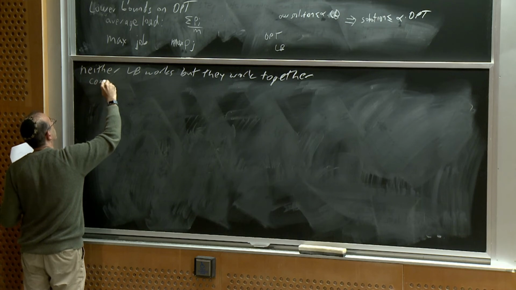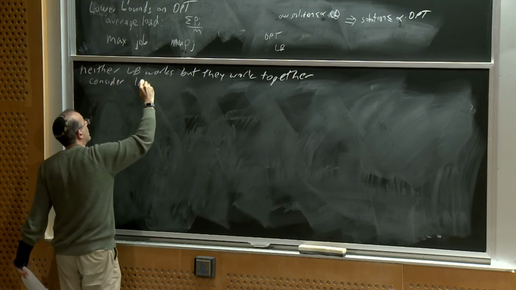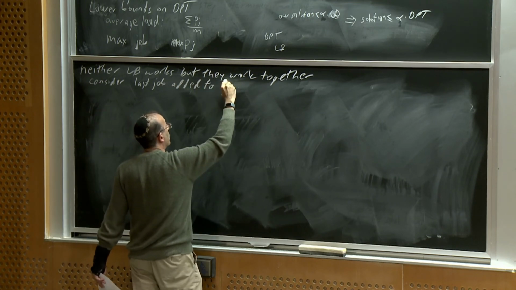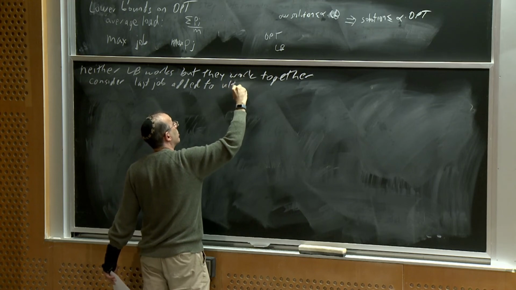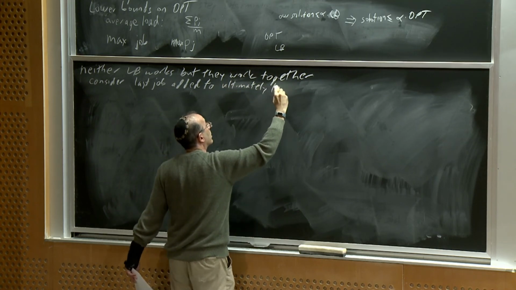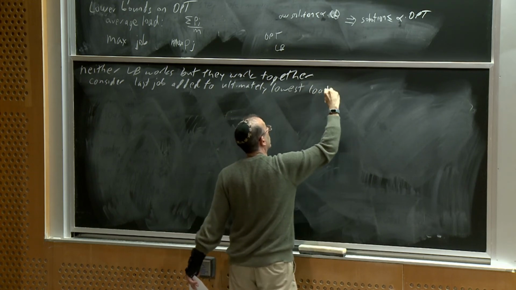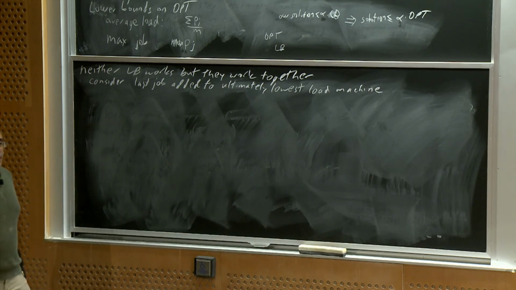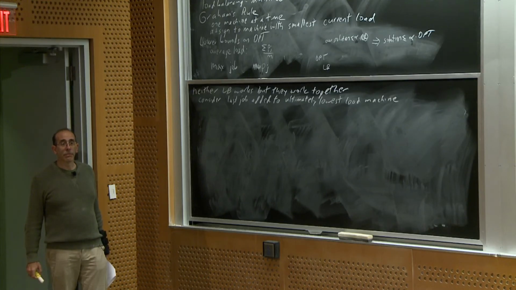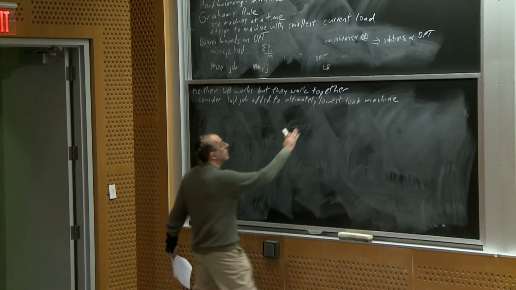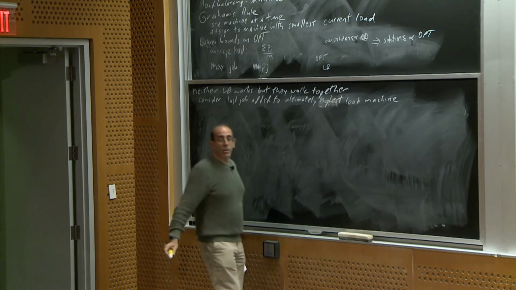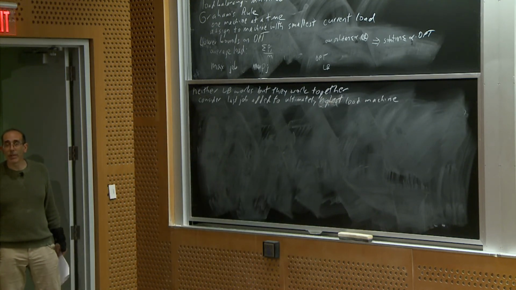Let's consider the last job added to the ultimately lowest load machine. Okay. This is the job that determines the overall runtime of your schedule, right? Sorry, not lowest, highest. Okay, that's your Cmax, and it's determined by the last job that was added.